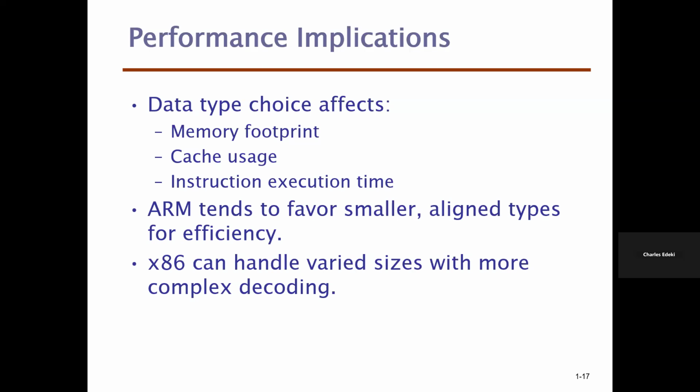And then the compiler optimization: the RISC design allows better instruction pipelining than x86. x86, as we said earlier, handles varied instruction sizes with more complex decoding, whereas ARM is fixed. So that's all we can say here.